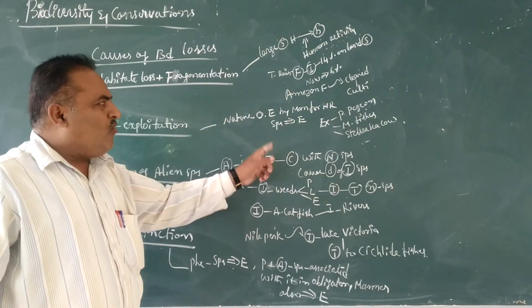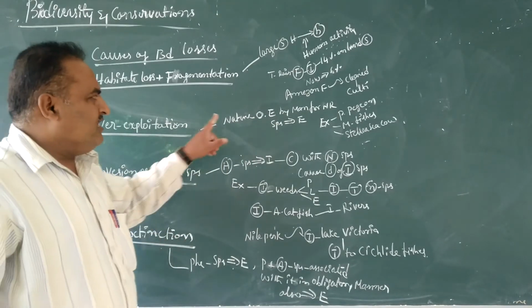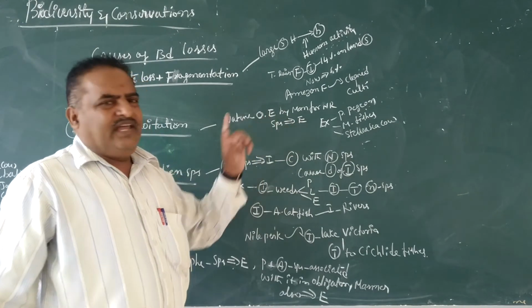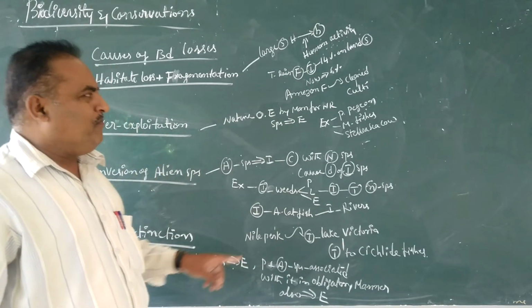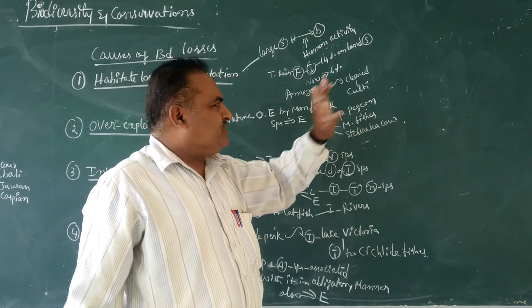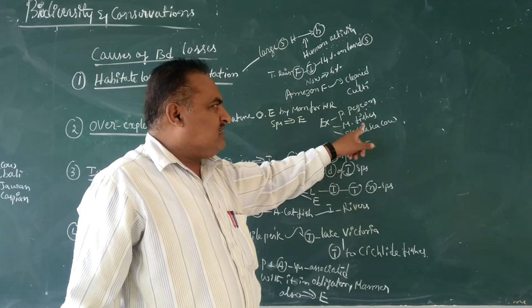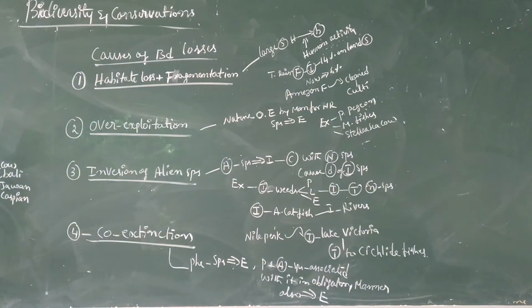Nature is over-exploited by man for natural resources, and species become extinct. For example, the passenger pigeon became extinct. Some marine fishes became extinct, and recently the stellar sea cow also became extinct due to over-exploitation. It is very, very important.